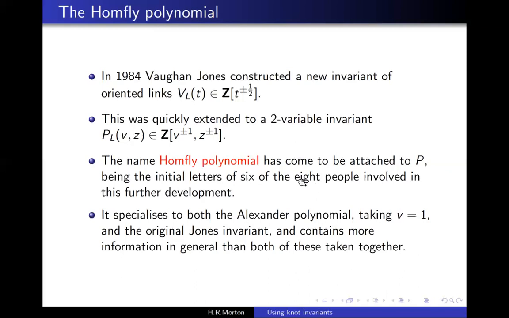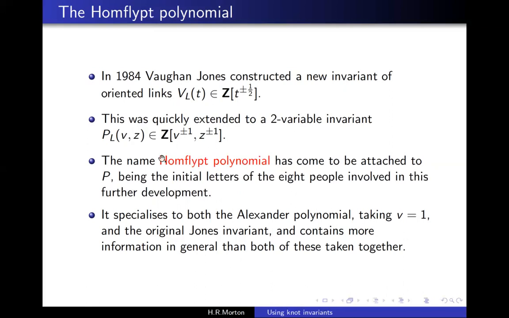I hate acronyms, and I used to call it P or the 2-variable polynomial, but that wasn't very helpful. And then actually all 8 of the people are sometimes put in as Hump-flipped. The important point about this polynomial is it specializes definitely to the Alexander polynomial, putting that variable v equal to 1 and z in a suitable way, and the original Jones invariant.